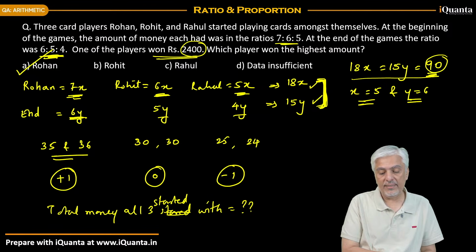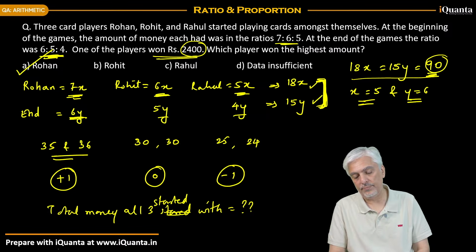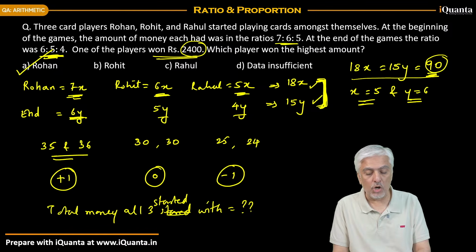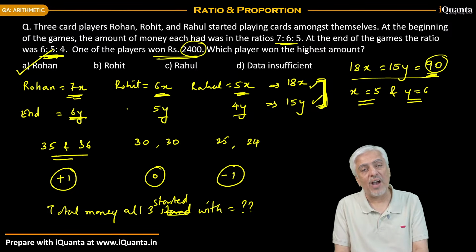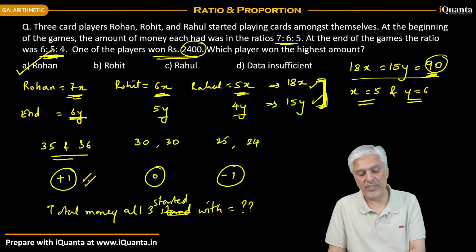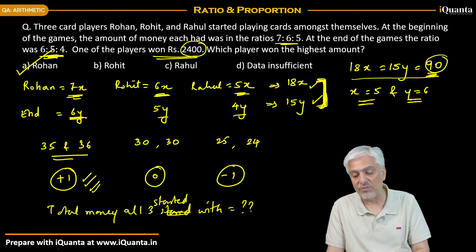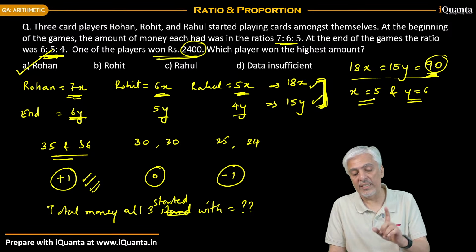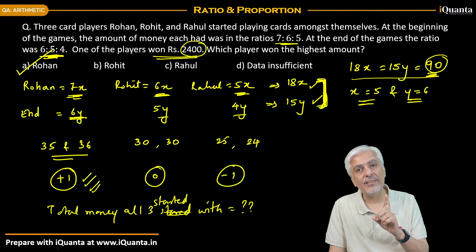Okay, let's see. So based on this, according to our calculation, Rohan has won 1 rupee. According to our calculation, Rohan has won 1 rupee. So when X is 5, Rohan is winning only 1 rupee.